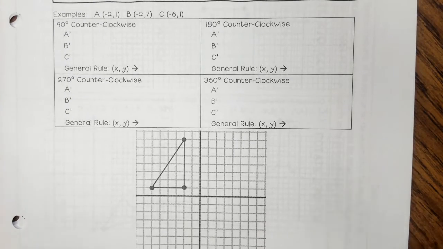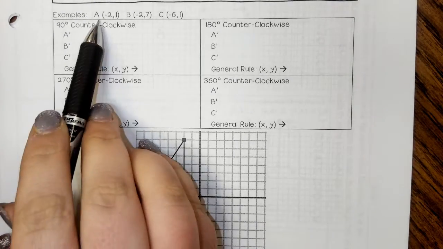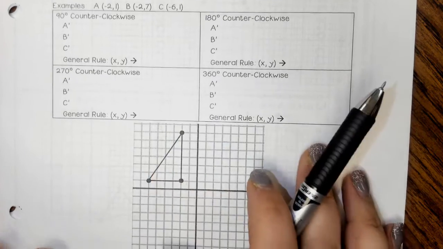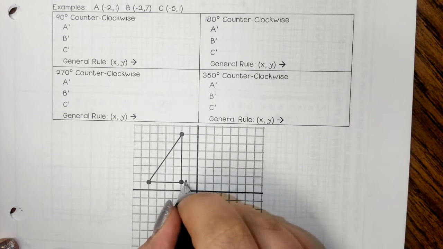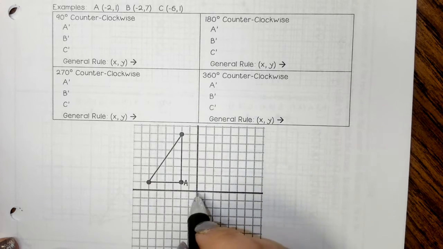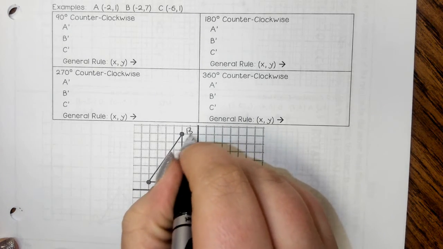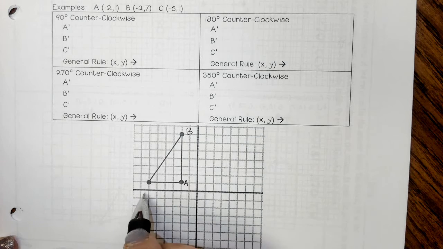Let's look at some examples. I'm going to use A, B, and C for all four of these examples. A is at -2, 1. B is at -2, 7. And C is at -6, 1.